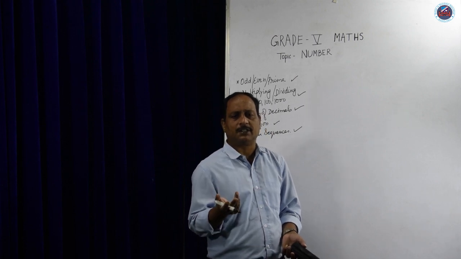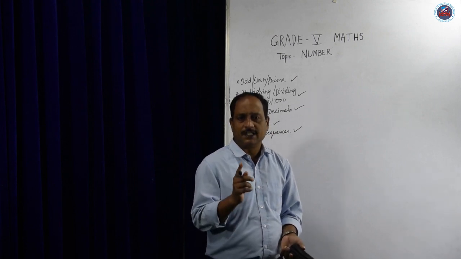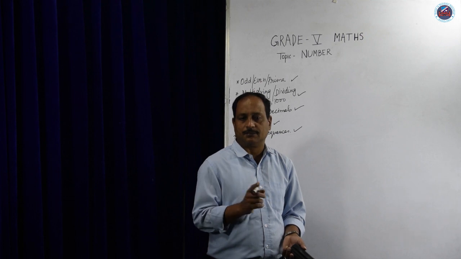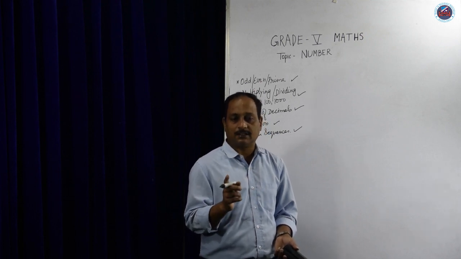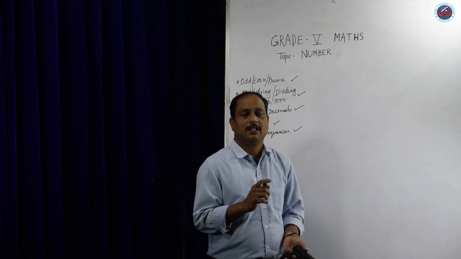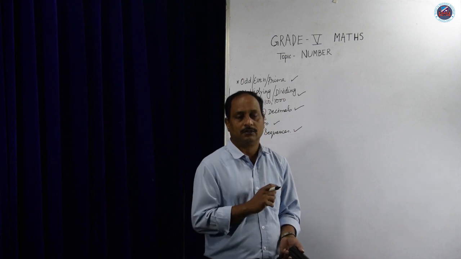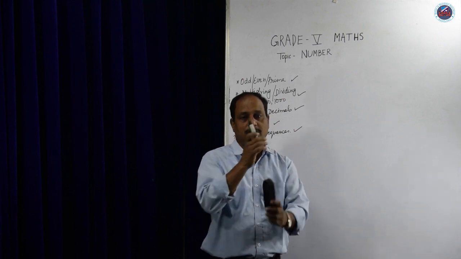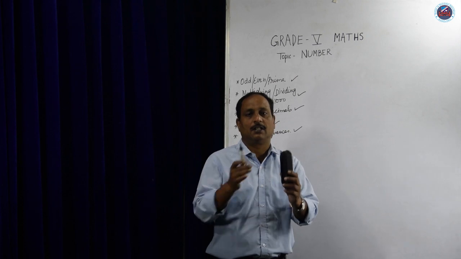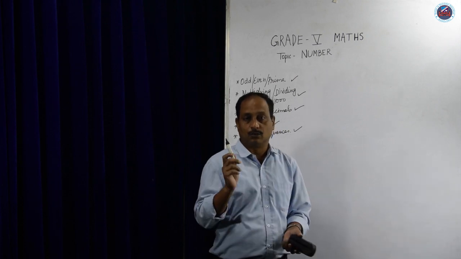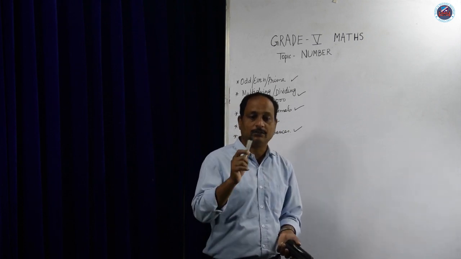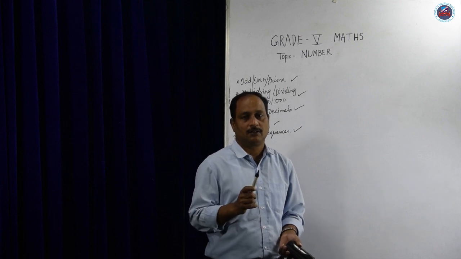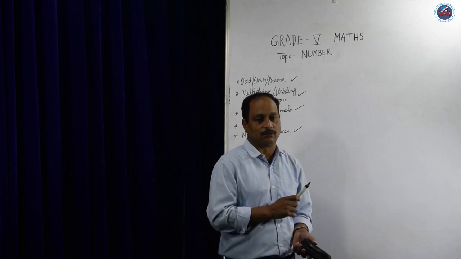What is the rule? It means it should be systematic, one after another. A rule tells you how things or numbers are connected.